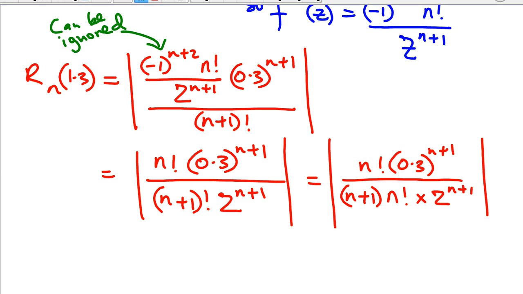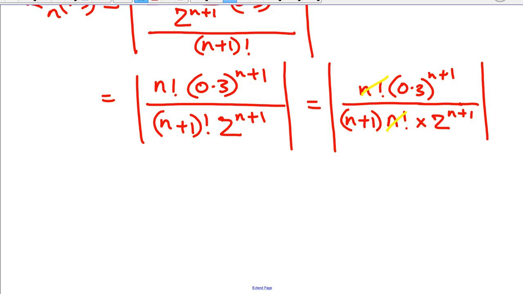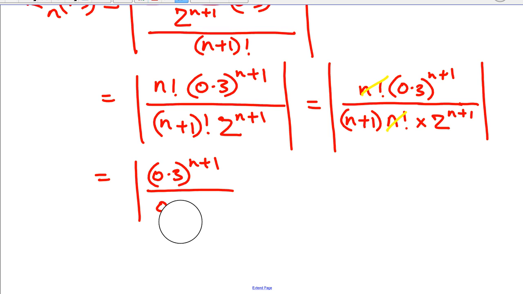Now these will cancel. So my expression will become the absolute value of 0.3 to the power n plus 1 over n plus 1 multiplied by z to the power n plus 1.